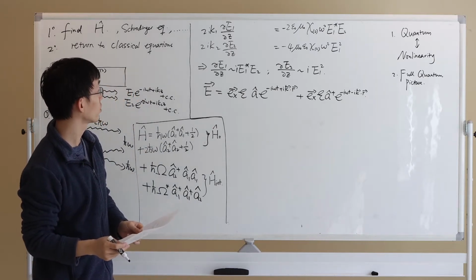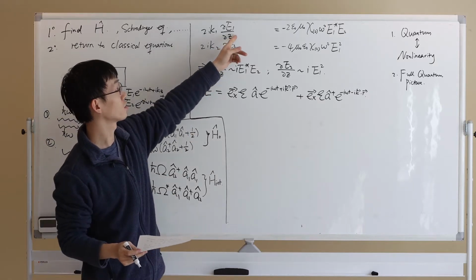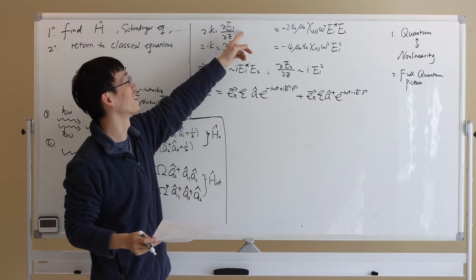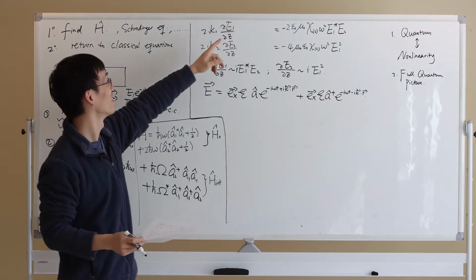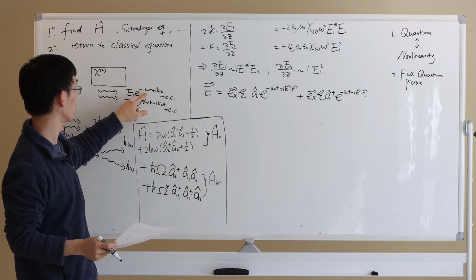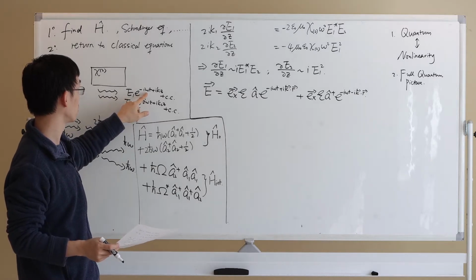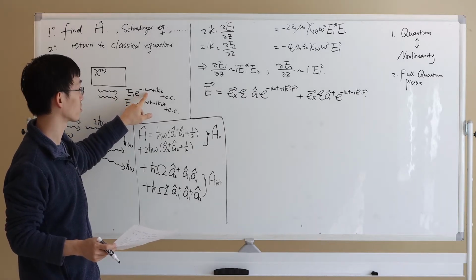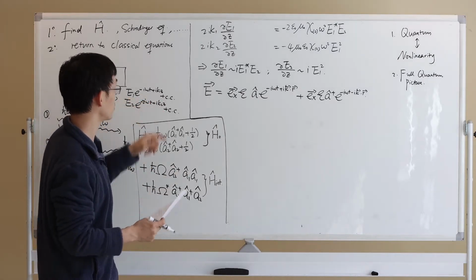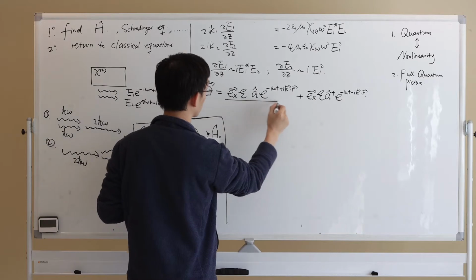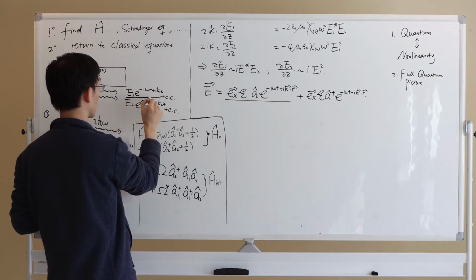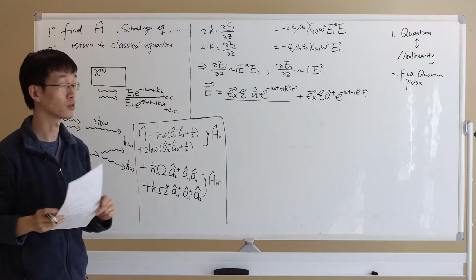One thing we have to keep in mind is that when we write down the nonlinear equation for the electrical field, we are only writing down the negative frequency components. So what we mean by E1 is actually this part.